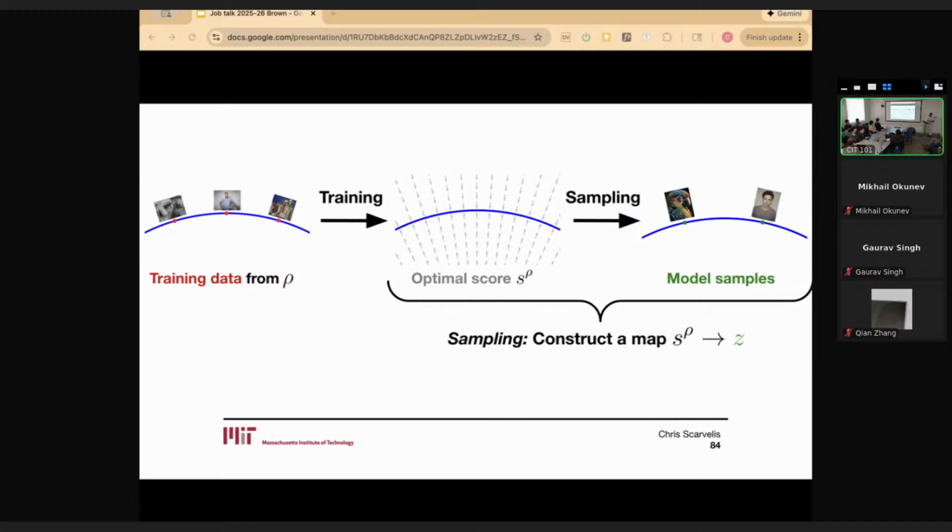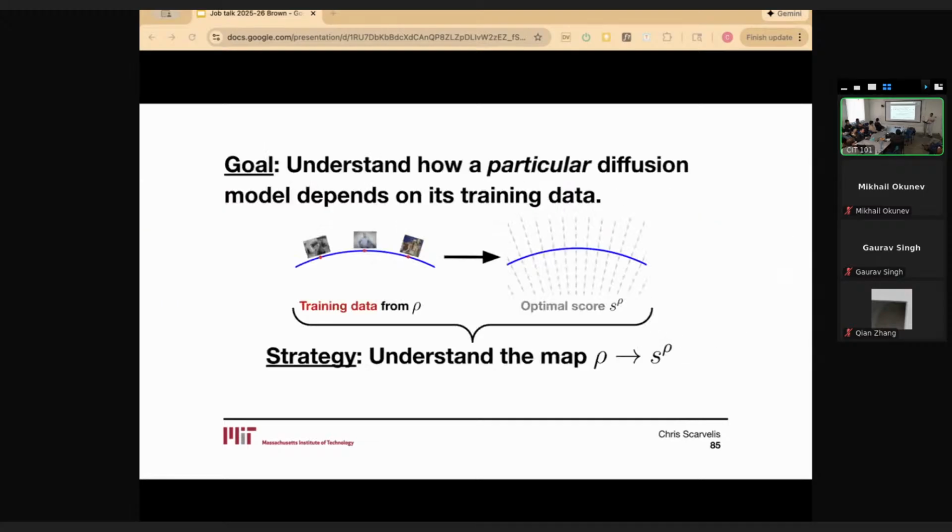Similarly, I want to think of sampling a diffusion model as constructing a map from the score function you just learned to new samples from that model. Now, the overarching goal of my research is to understand how generative models depend on their training data. And so for diffusion models, which are characterized by their score functions, this means that we need to understand the properties of the training map.